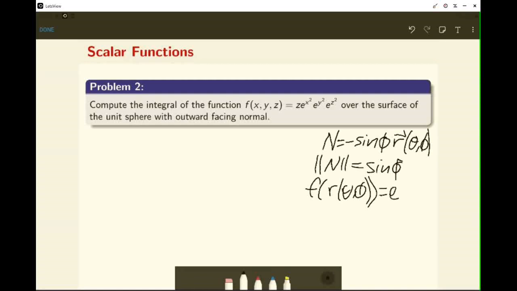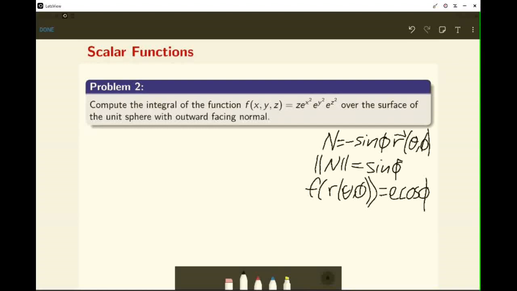And then the value of z that we wanted is r cosine phi, and so 1 cosine phi. So our function that looks complicated in Cartesian coordinates is quite simple when evaluated on the sphere. It's just this multiple of cosine.